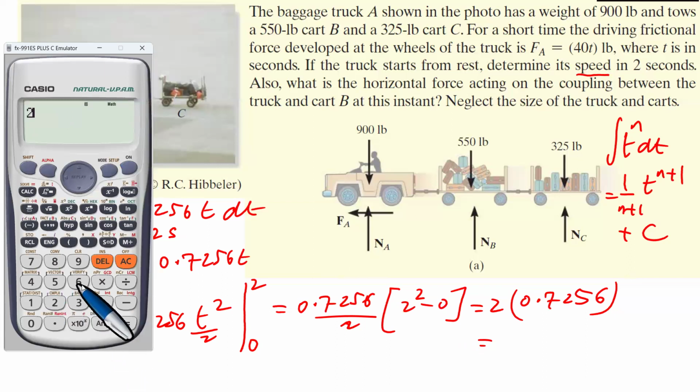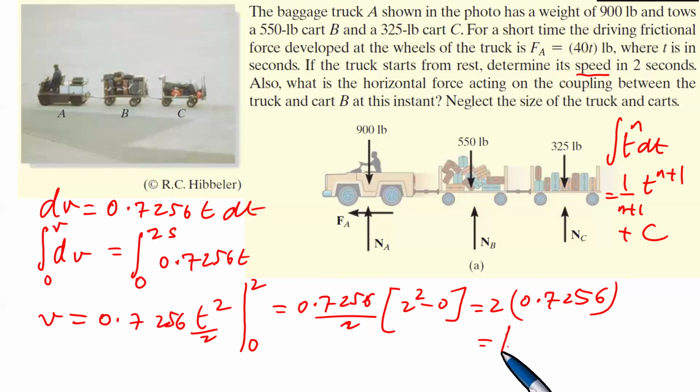So the speed is going to be 2 times 0.7256, and we get the answer. It is 1.45 feet per second.